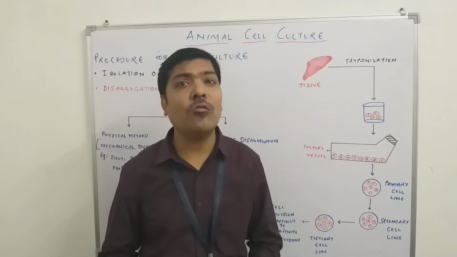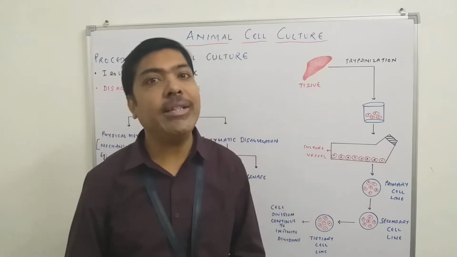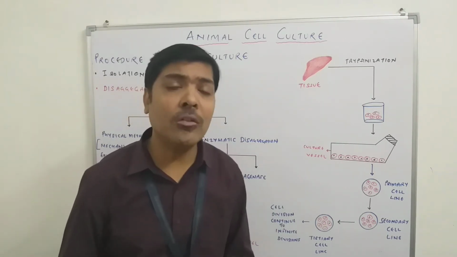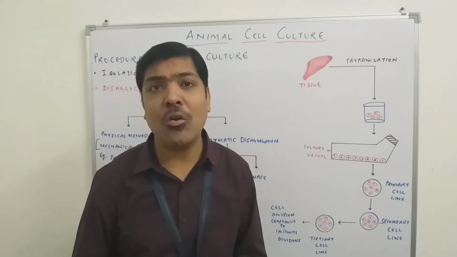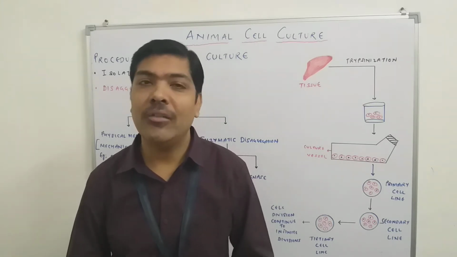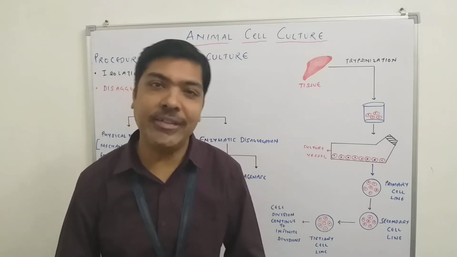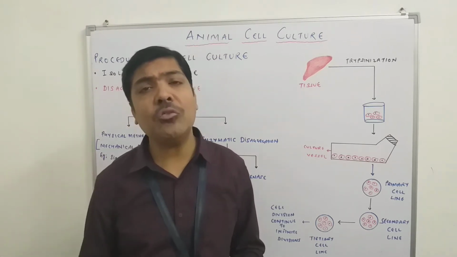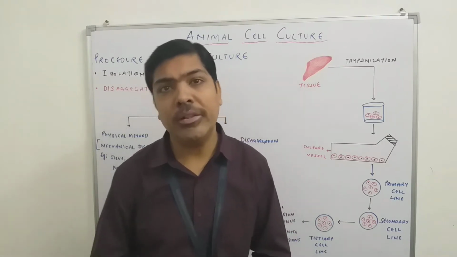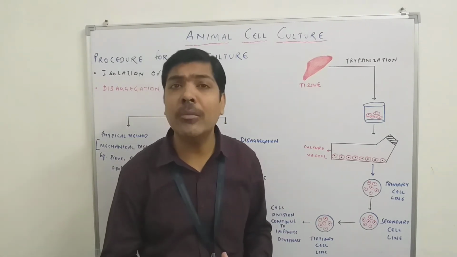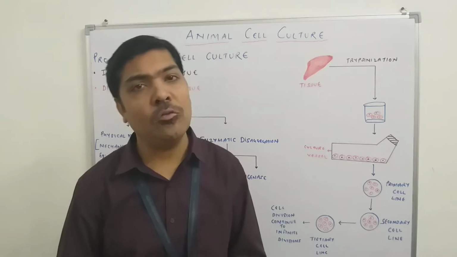Otherwise, we can also collect tissue from the human body, like smooth muscle cells, macrophages, lymphocytes, etc. So these tissues are collected from different sources, maybe from animal sources or from human sources.